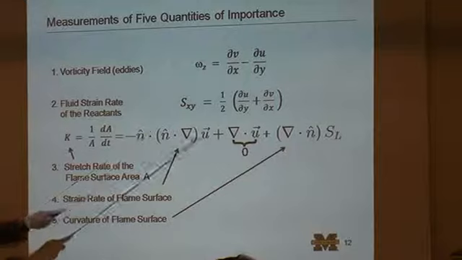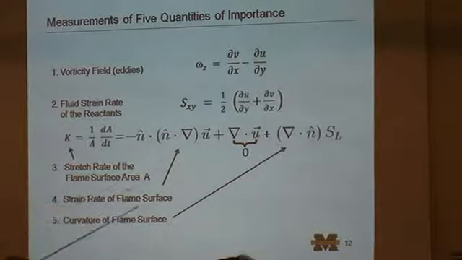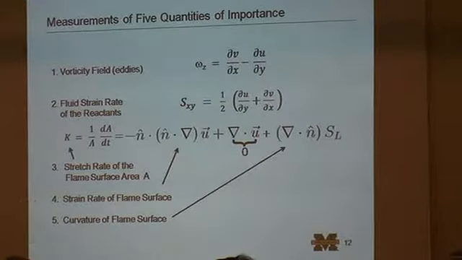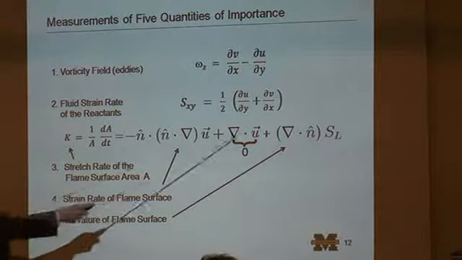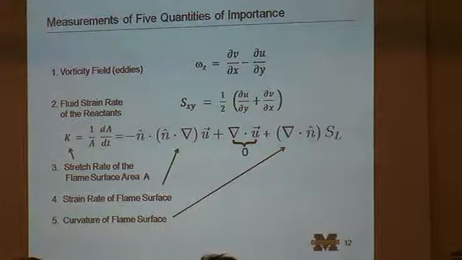U is the velocity, and now we can get the component of the stretch in the plane of the measurement. Del dot U is 0 because we do this at the upstream boundary of the flame. So if this is the flame, we are making this measurement just at the upstream boundary, where we have reactants. And del dot U is 0 in the reactants because they're constant density. The density only changes at the flame front.